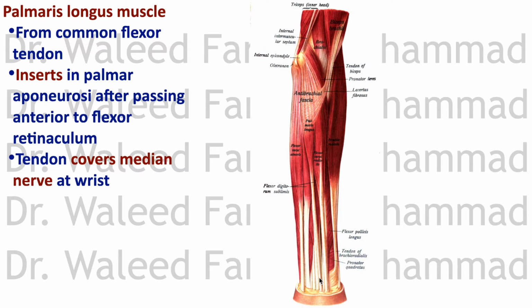You'll see the tendon bulging upwards. It arises from the common flexor tendon and inserts in the palmar aponeurosis after passing anterior to the flexor retinaculum, and the tendon of palmaris longus will cover the median nerve at the wrist. Okay.